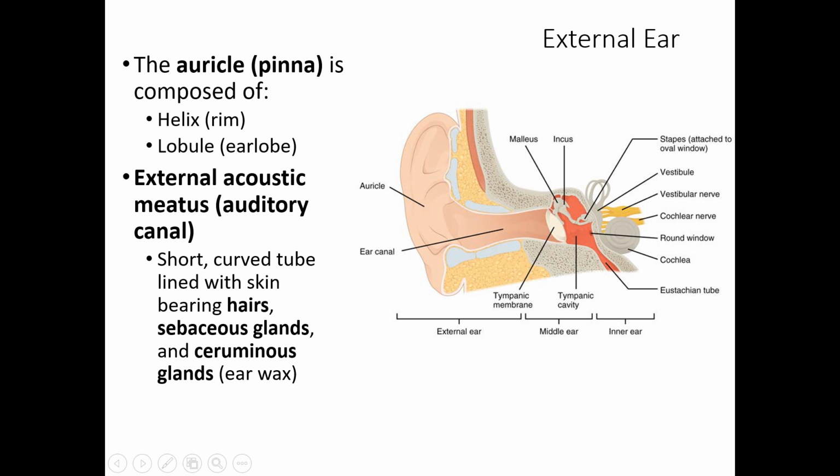This is a short curved tube which is lined with skin, and that skin has hair, sebaceous glands, and ceruminous glands. Ceruminous glands produce earwax. Sebaceous glands produce oil, and together with hairs, it is a protection from dust and particles coming inside to the tympanic membrane.